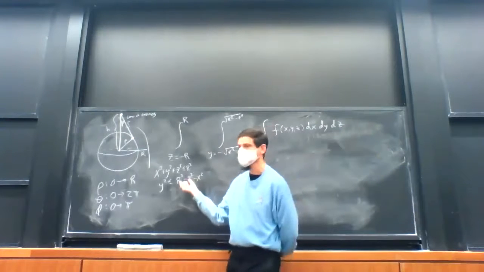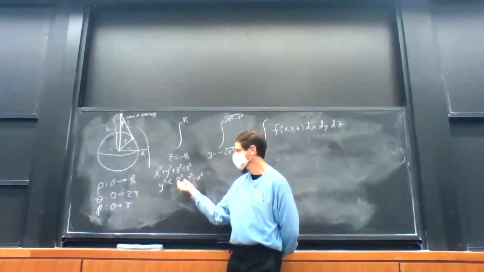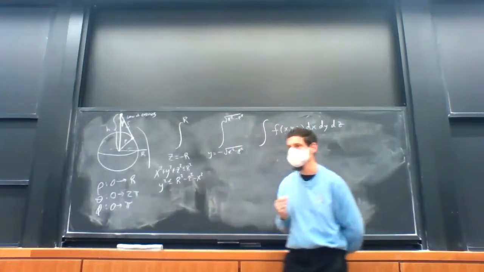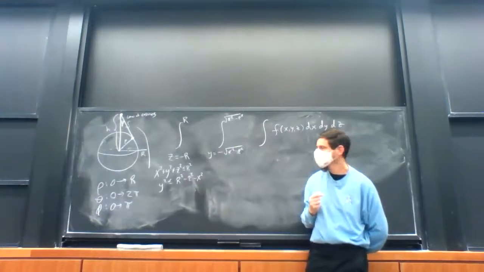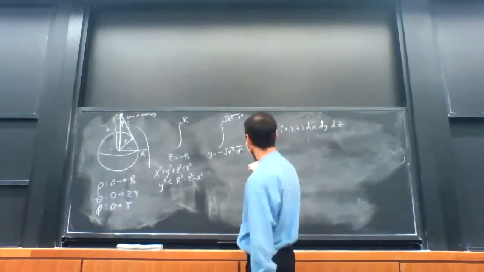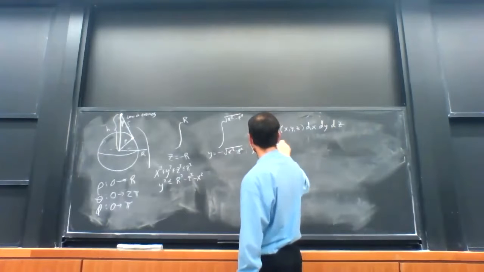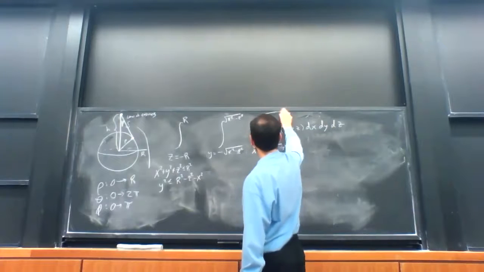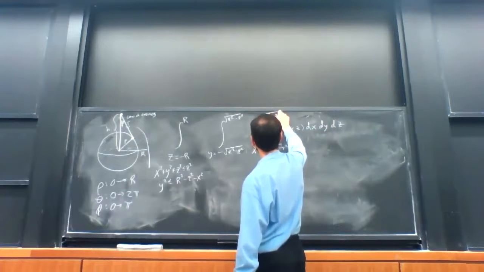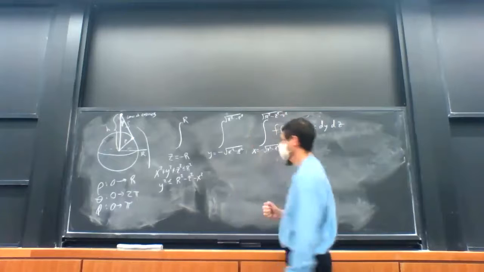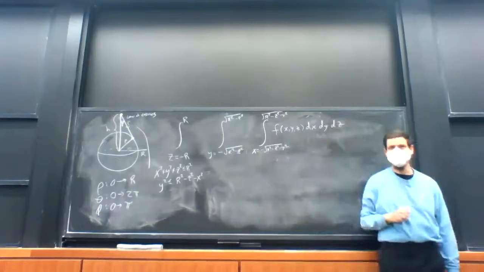Well, I want to make this as large as possible. What's the range for y, given the value of z? The best I can do is having x be 0. And now when I look at what's left over for x, I get x goes from negative square root of r squared minus z squared minus y squared to square root of r squared minus z squared minus y squared. And nobody should want to do anything with this integral.